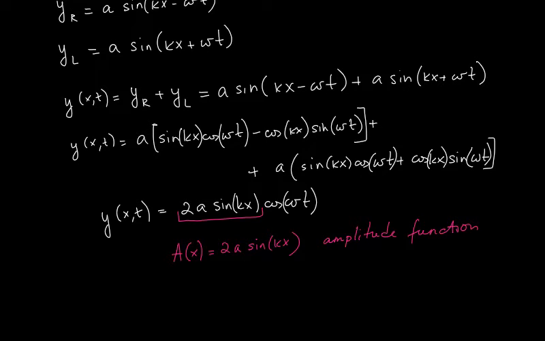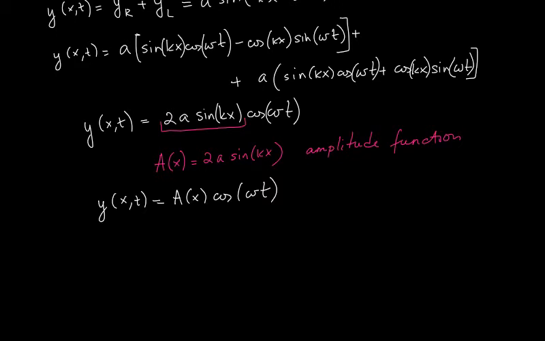Now I can rewrite my wave equation: y(x,t) equals A(x) cosine omega t. This amplitude reaches the maximum value, A max, which is 2A, when sine kx equals 1.